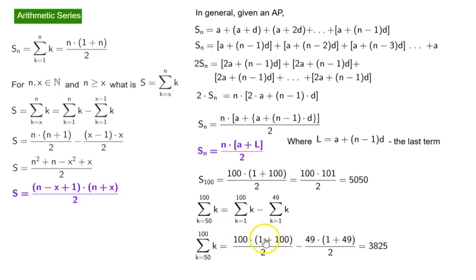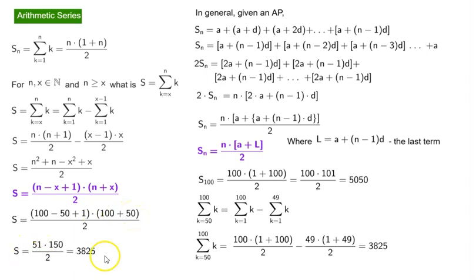So let's use this formula to evaluate this problem. So we have s is equal to n is 100 minus 50 plus 1 times 100 plus 50. And if we evaluate this, we get 3825, the same answer.